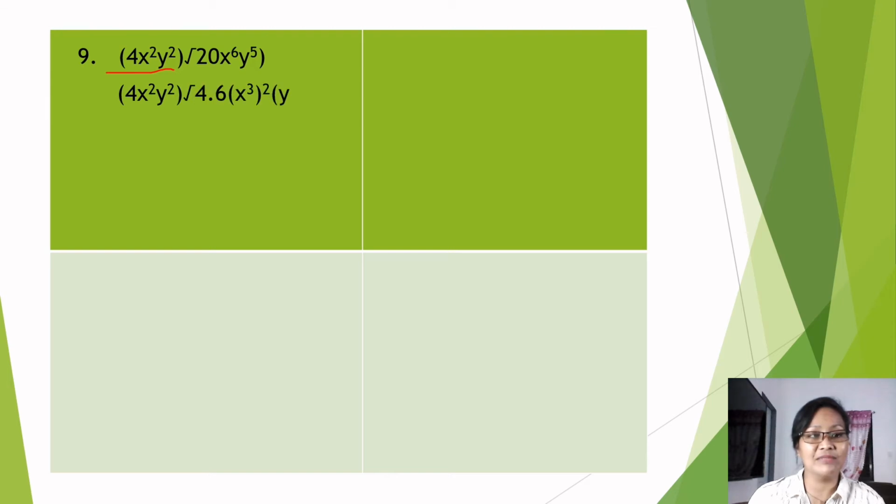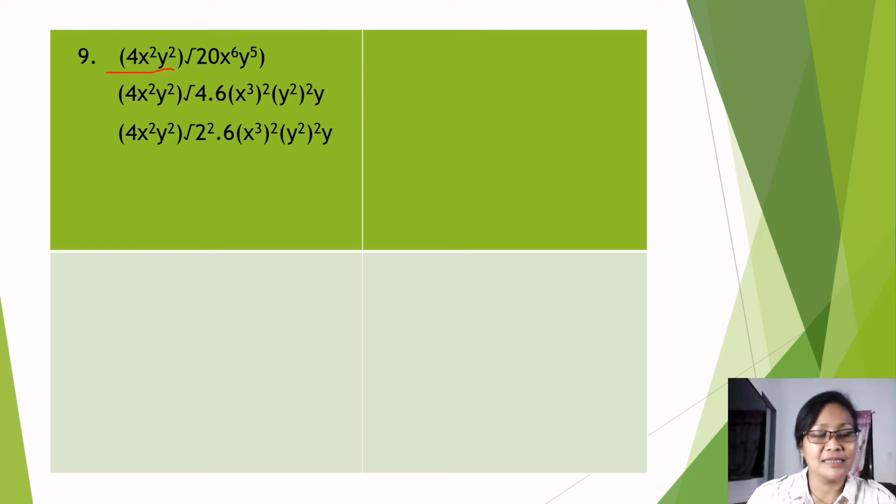So we have square root of 4 times 6, x cubed squared, y squared raised to the 2nd power, y. Then write those perfect roots in exponential form. So we have 4x squared y squared, square root of 2 squared times 6, x cubed squared, y squared raised to the 2nd power, y.